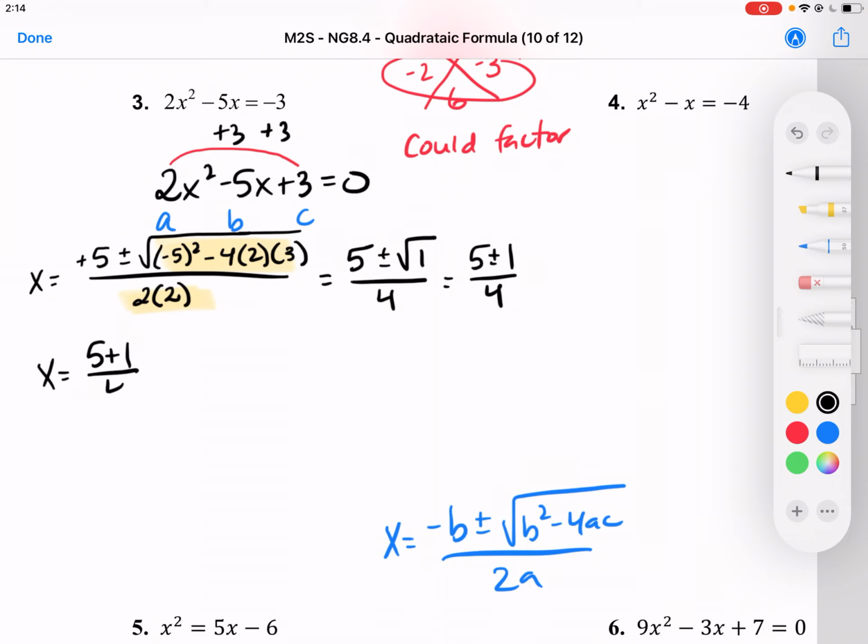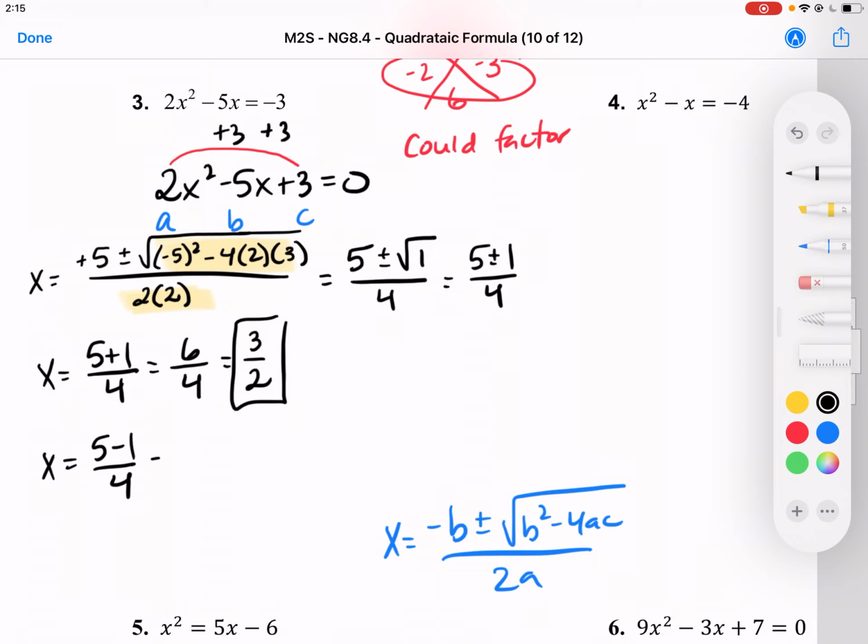So one of them is going to be 5 plus 1 over 4. The other one's going to be 5 minus 1 over 4. So 5 plus 1 is 6, so we have 6 over 4. Both of those can be divided by 2, so you have 3 over 2.